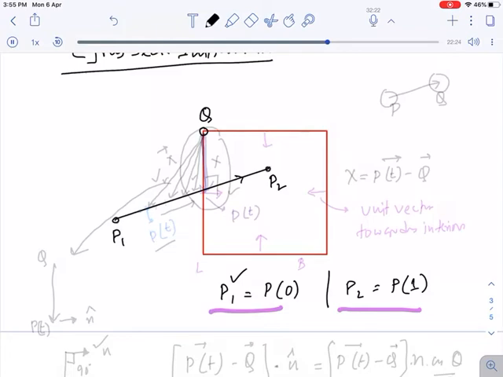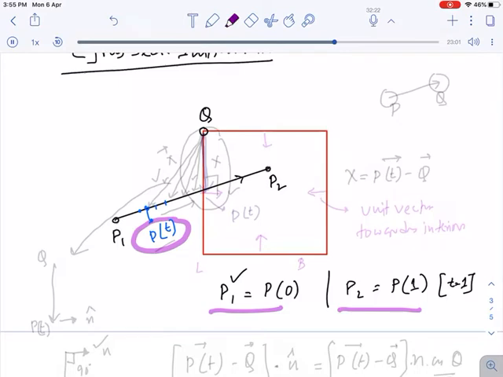Now we consider any point on the line, it may be here or here or here. Its value is given by P(t) with some t value, maybe t equals 0.24, 0.3, 0.5, 0.7, whatever. According to that value it will produce some point. So P(t) is a point on the line at some t value.